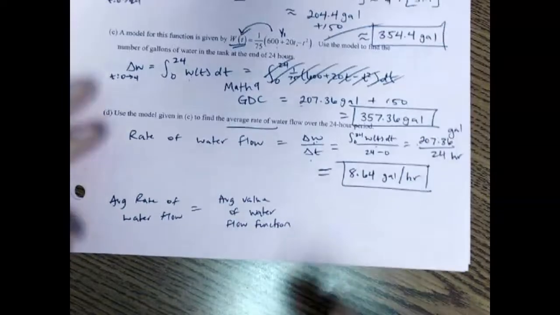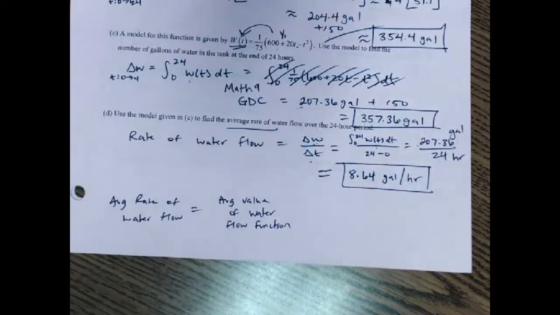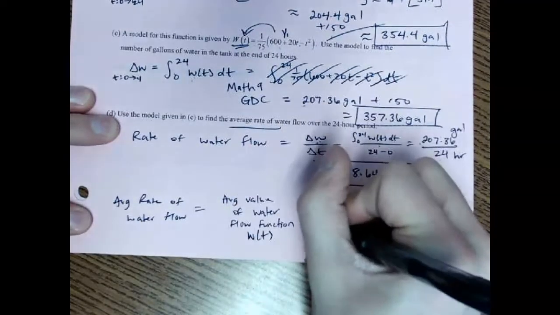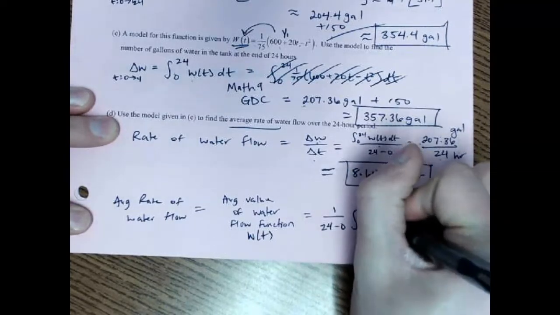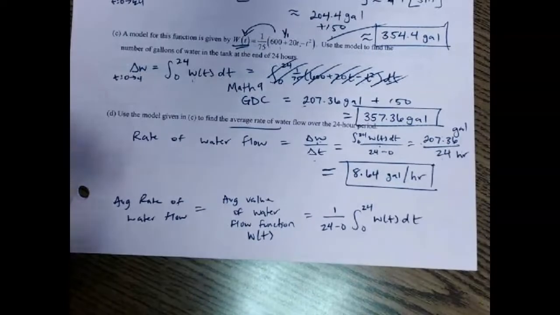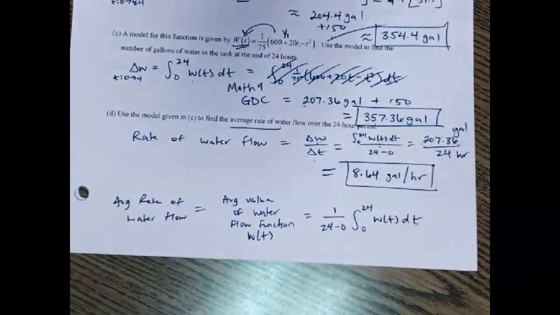The average rate of water flow is the average value of the water flow function. Remember, that water flow function was given to us by W. So we could do 1 over 24 minus 0 times the integral from 0 to 24 of your W function. Right? That's your formula for average value, 1 over b minus a, then you do the integration from a to b. The average value of your water flow is the average water flow.